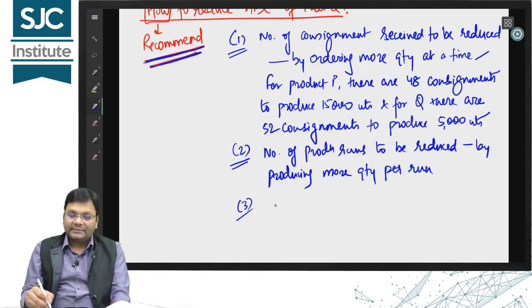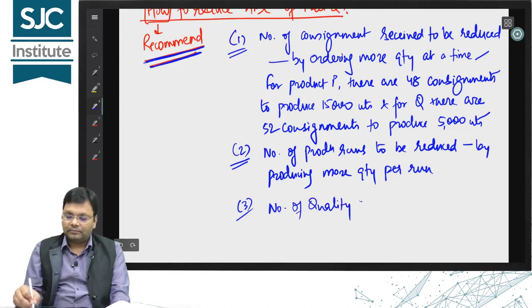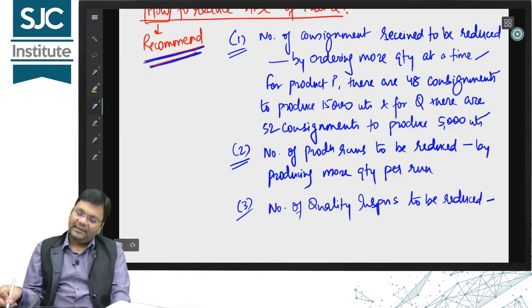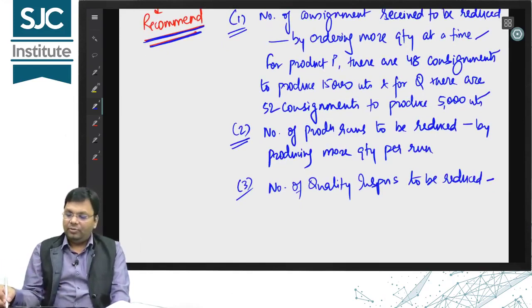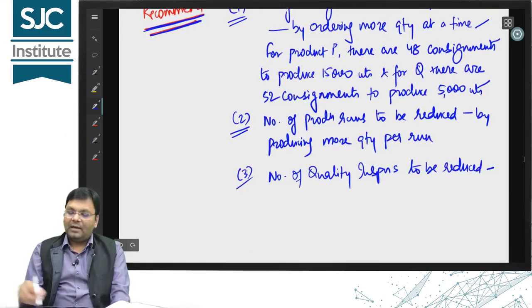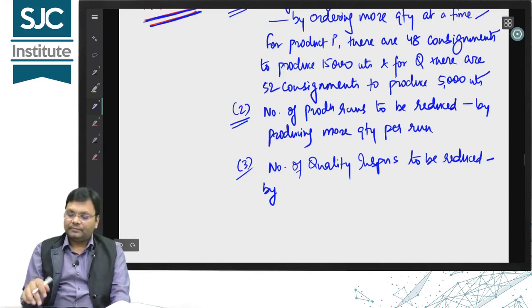Third is the number of quality inspections to be reduced. All cost drivers can be picked up and commented upon. And how will it be done? See, inspection is always a non-value adding activity. How will you reduce the inspection?